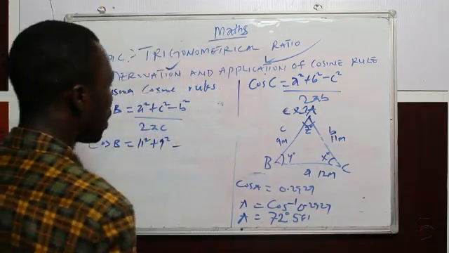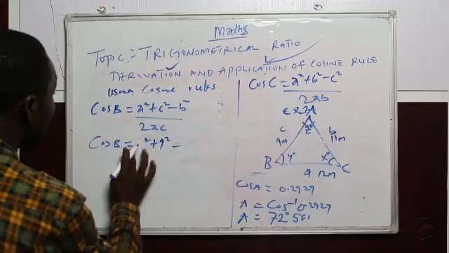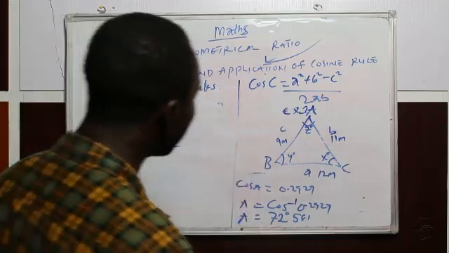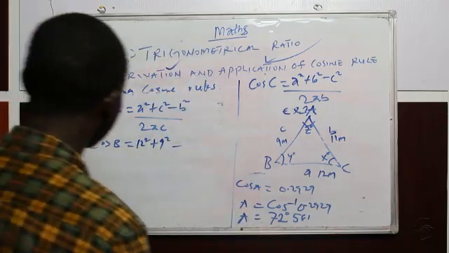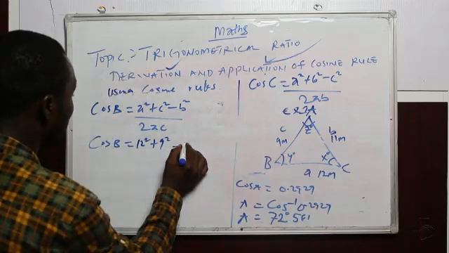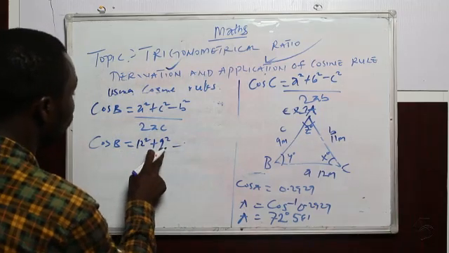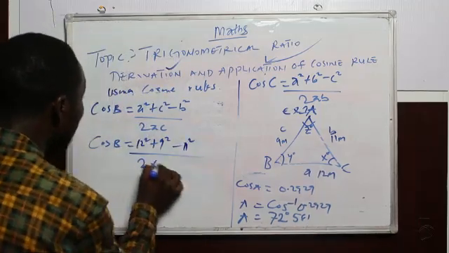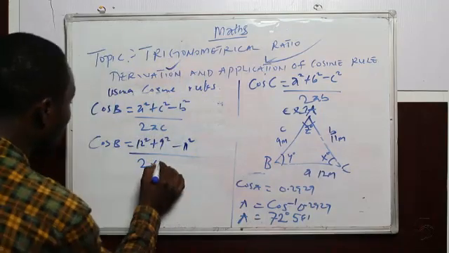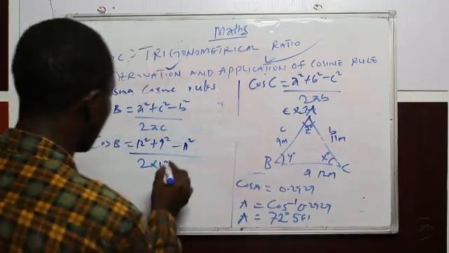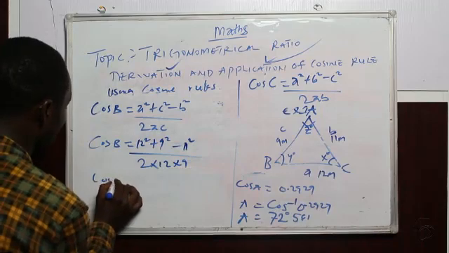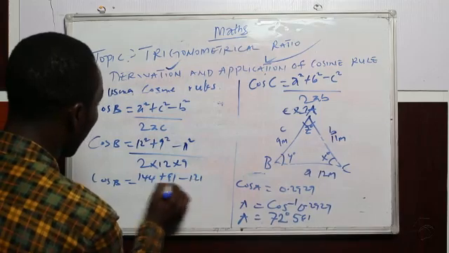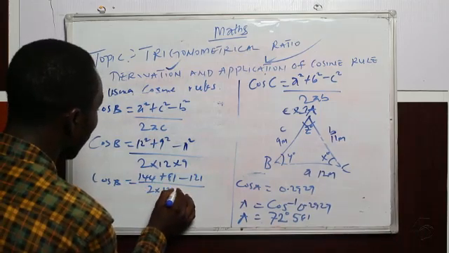Our B is 11 squared, over 2 times A, 12, times C, 9. Cos B is equal to 12 squared plus 81 minus 121 over 2 times 12 times 9.